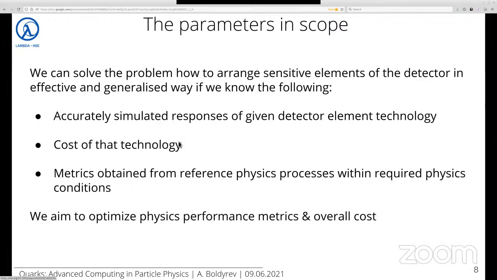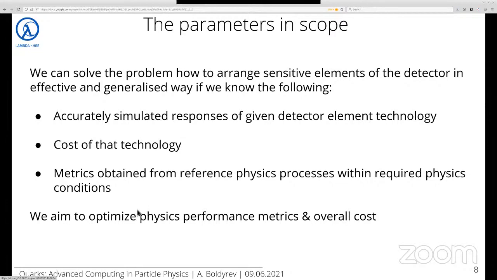For that, we need accurately simulated responses of the given module technologies. We need an estimate of the cost of that technology in case we have options, for example, different granularities realized in the same modules as the building blocks of the detector. We also need the metrics obtained from reference physics processes within the required physics conditions, for example, pile-up conditions.